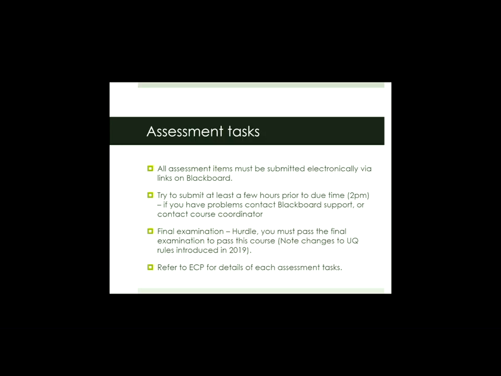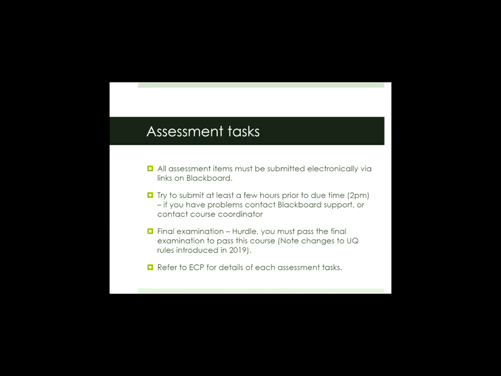All right? Now, there's been some rule changes this year in relation to hurdles and eligibility for supplementary assessment. So just make sure you're aware of that. Now, you're only eligible for supplementary assessment if you get between 47% and 50% on the final exam.